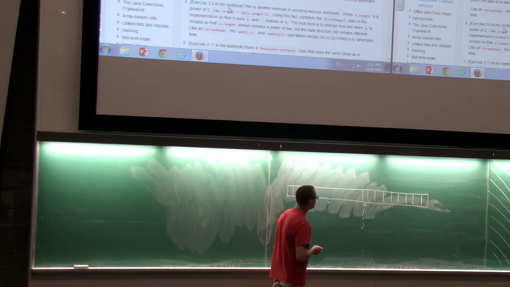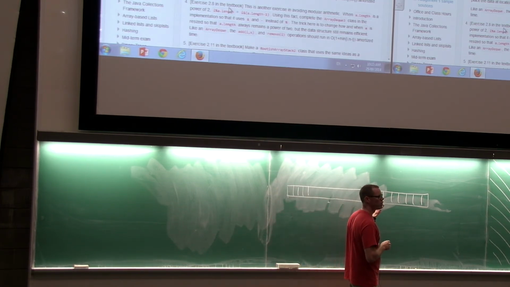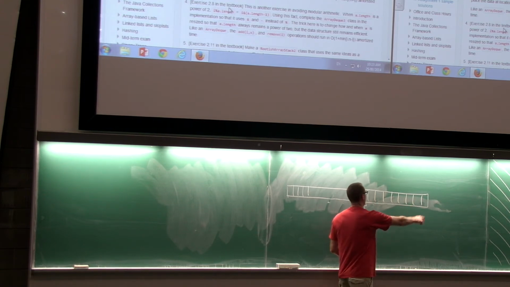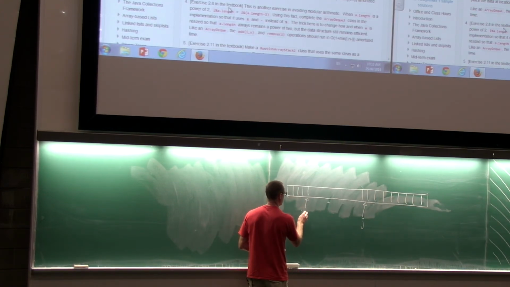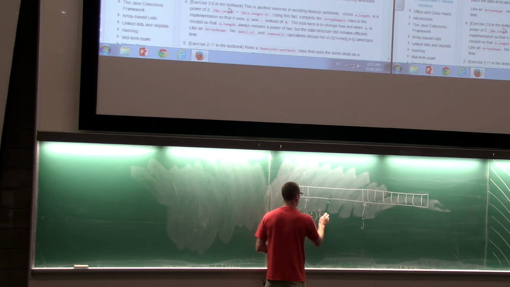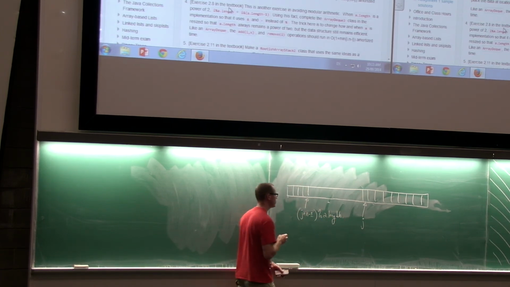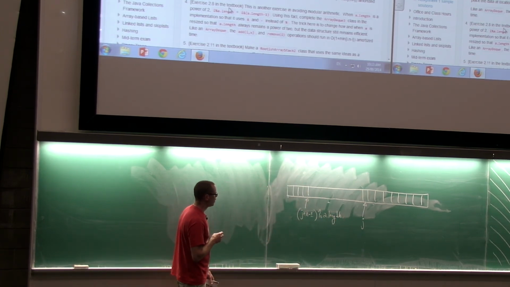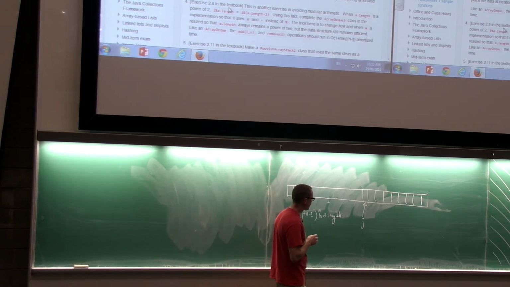The list starts at position j in the array and continues at position j plus 1, j plus 2, and so on, so that it even wraps around the end of the array and goes all the way up to position j plus n minus 1, modulo length of the array. So that's this array deque class.